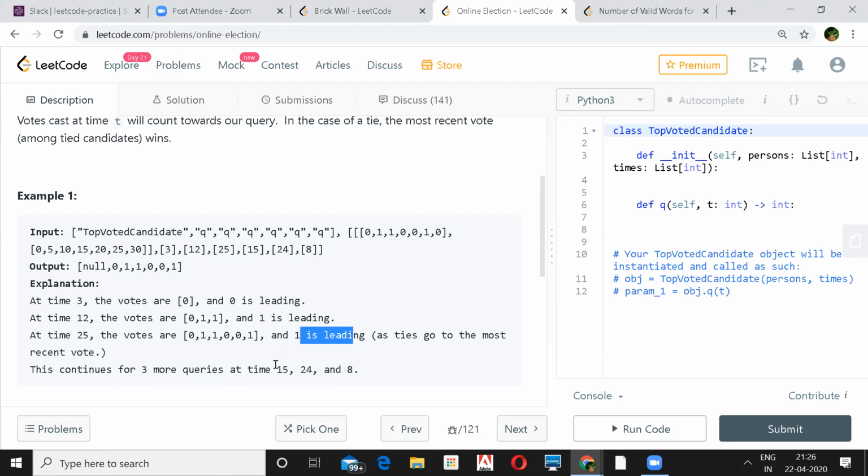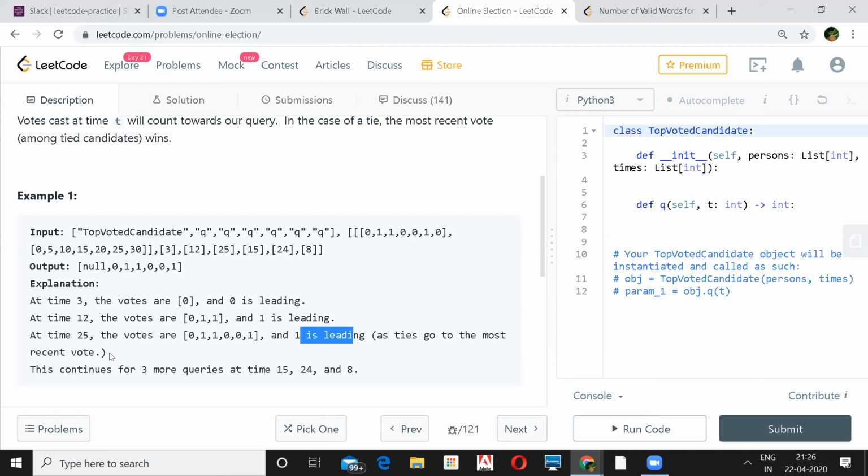Again, if the votes are equal, then the most recent one. I think it will be 0, because both of them are the same, 1 and 0. So at 15 the 0 one will be leading. Yeah, 24 is also the same, 0. Okay, 0, got it. And at 8 it is 1.